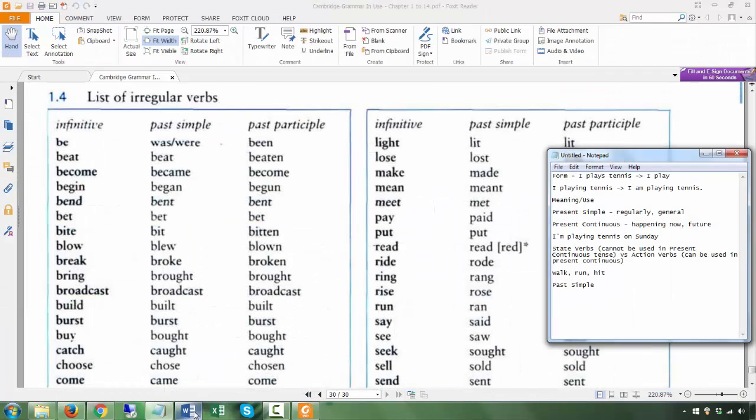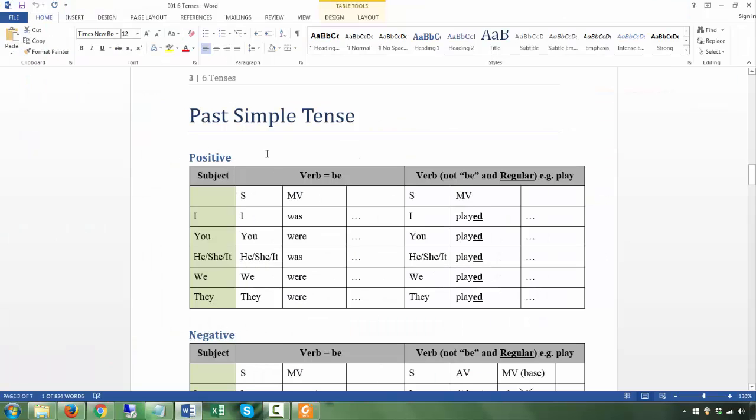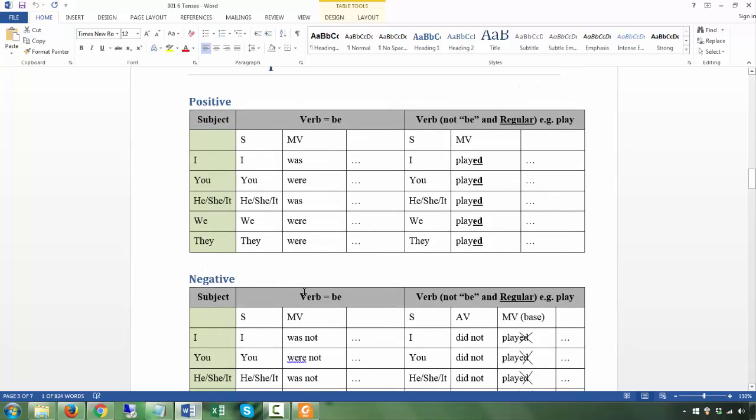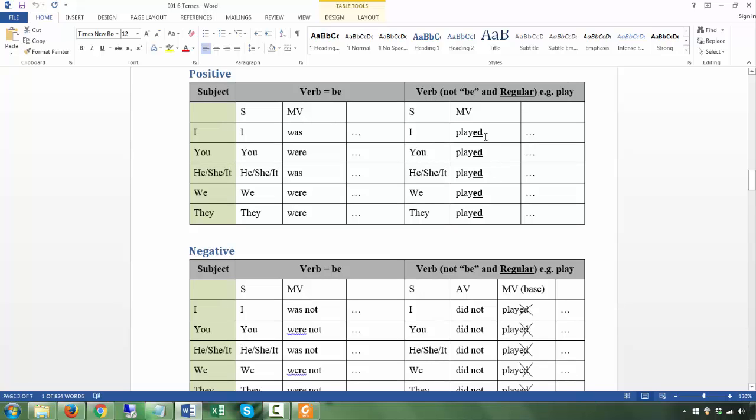Now, as I was saying, the past simple, there's the be verb, okay, went through that, how to form it: positive, negative, question. And then I mentioned there's regular verbs and there are irregular verbs. Regular verbs are where, in order to create the form for the past simple, you just put D or ED, depending on the word, and then it becomes the past simple, right? Just like that.